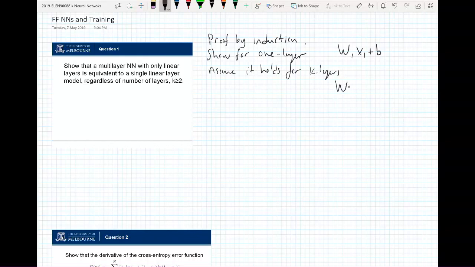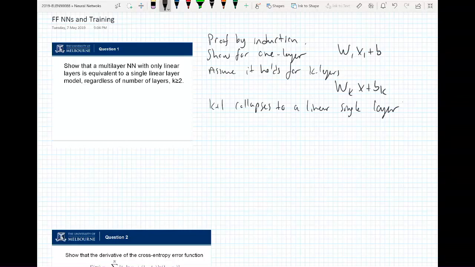Then we have Wk x plus bk. Then show that k plus 1 collapses to a linear single layer. Therefore, because it holds for 1 and holds for k plus 1, then it holds for any k. So you can repeat this as many times as you like, they all collapse.